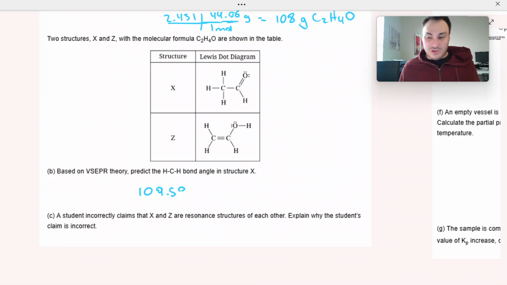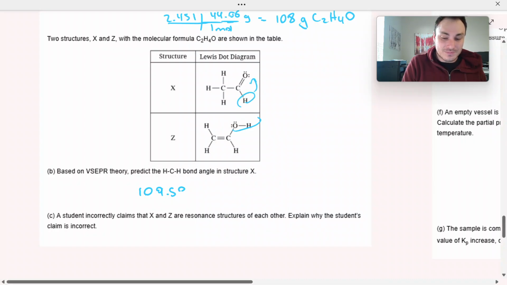So in resonance structures, the connectivity of the elements must be the same. In these two structures, I have an O. This H is attached to an O, where I don't have an H attached to O in this one. So just different structures.